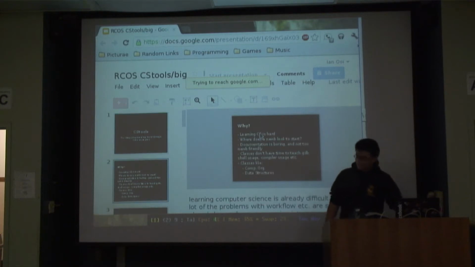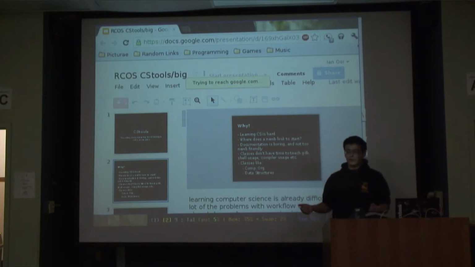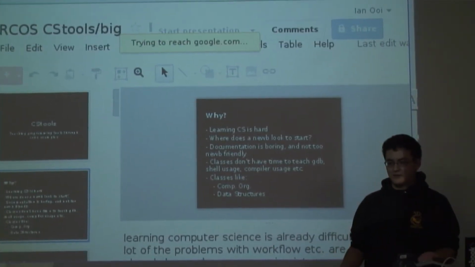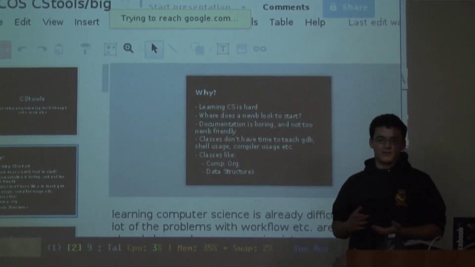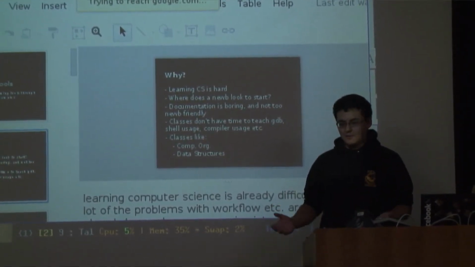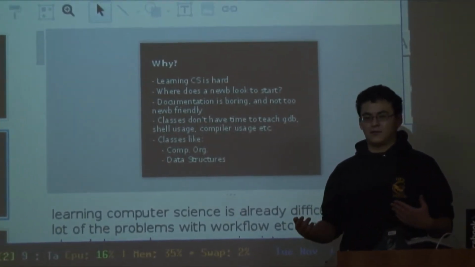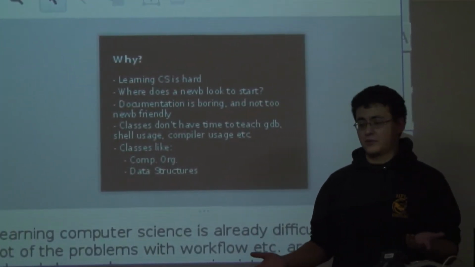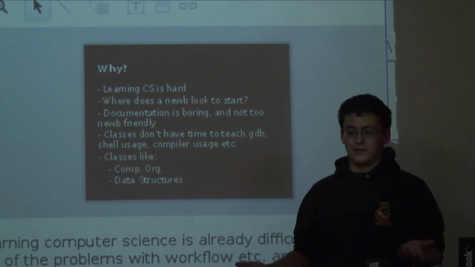So why would we bother doing this? Why would I even make this an ARCOS project? I've talked to a lot of people, and learning computer science is kind of difficult on its own. And then you jump into something like data structures, computer organization, algorithms, and nobody really tells you how to use something like GCC, GDB, how to properly use Microsoft Visual Studio or its compilers or debugging system.